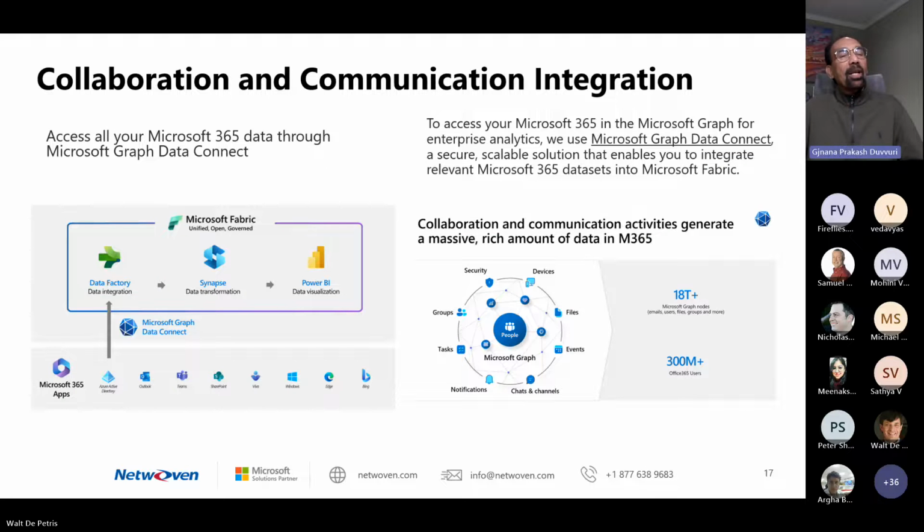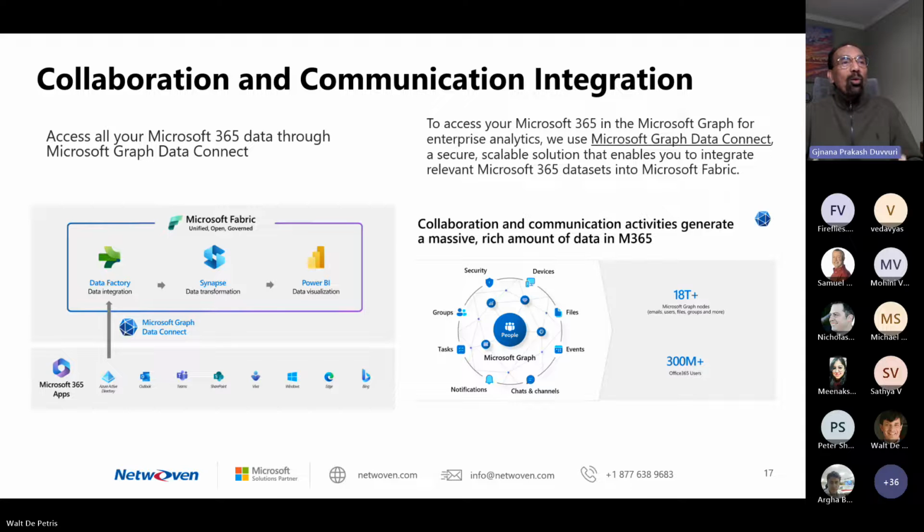Collaboration and communication integration. Even from my personal experience, this is the question people ask me. We have so much data in Microsoft 365: 18 terabytes of data, 300 million Office 365 users, security, devices, files, events, chat channels, notifications, Teams groups. What exactly does it mean? How do you take this data, and where do you put it?